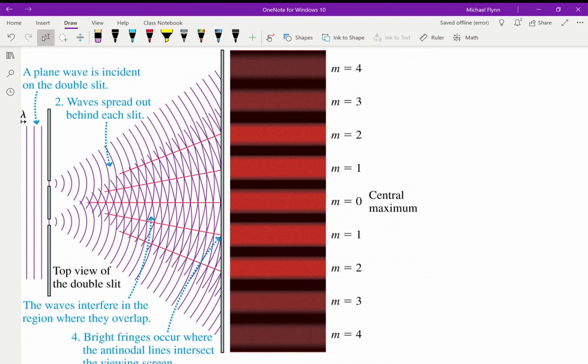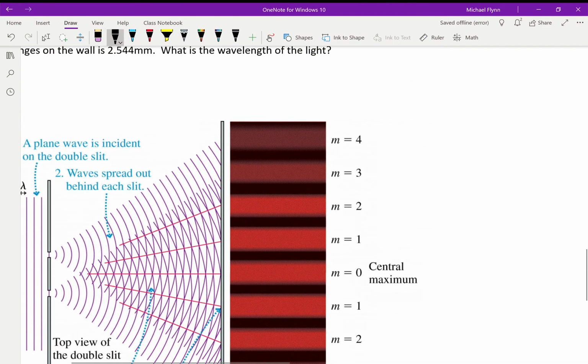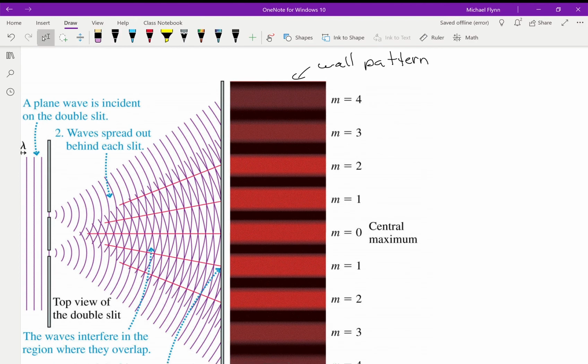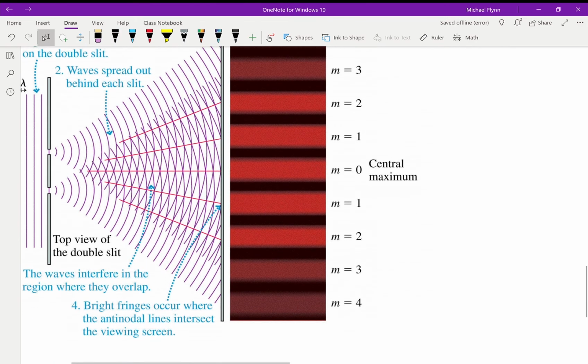And I just want to point out a couple of things to you here. You get the interference, so these bands of interference. This is what it looks like on the wall. The pattern of light on the wall looks something like that, alternating bright and dark bands, okay? So I'm going to tell you how the variables work here.